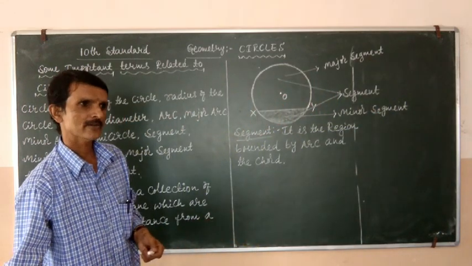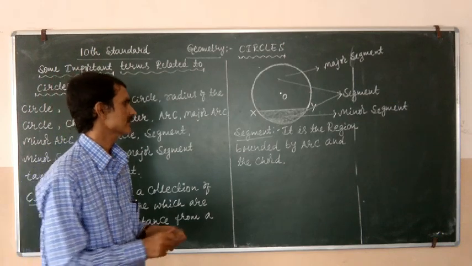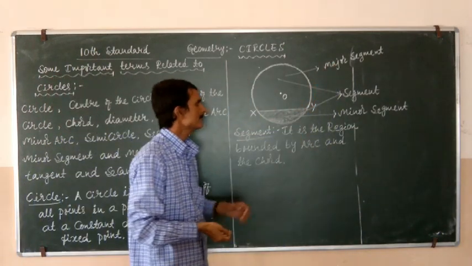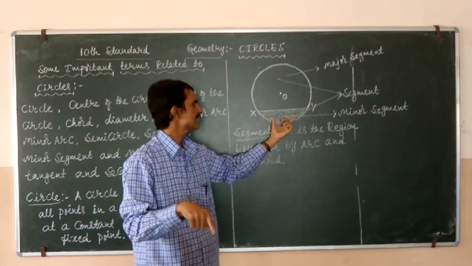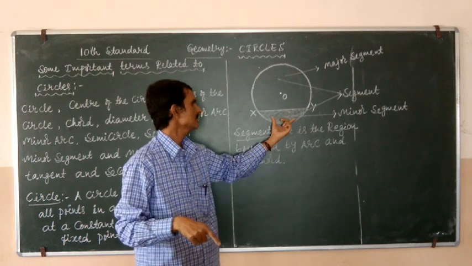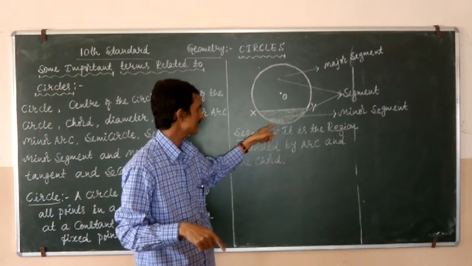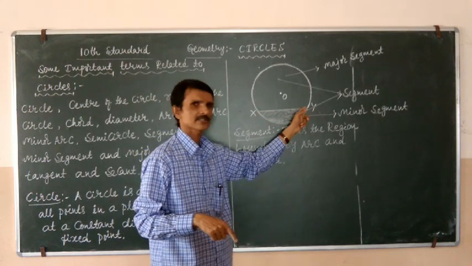I think you are clear about the definition of minor segment and major segment. Minor segment means it is the region bounded or covered by the chord and the smaller arc.